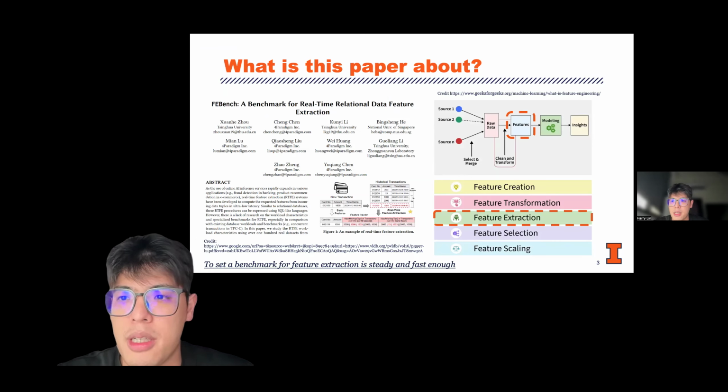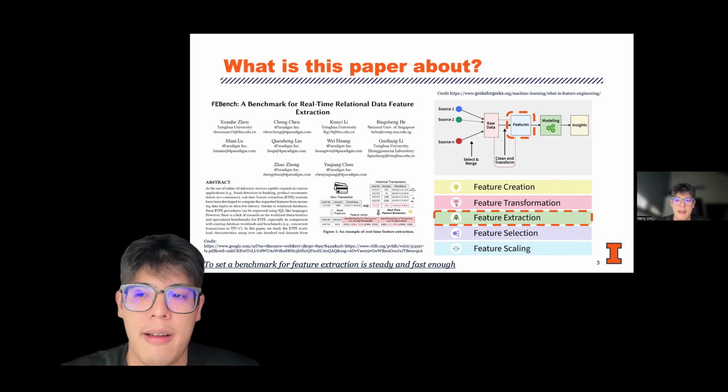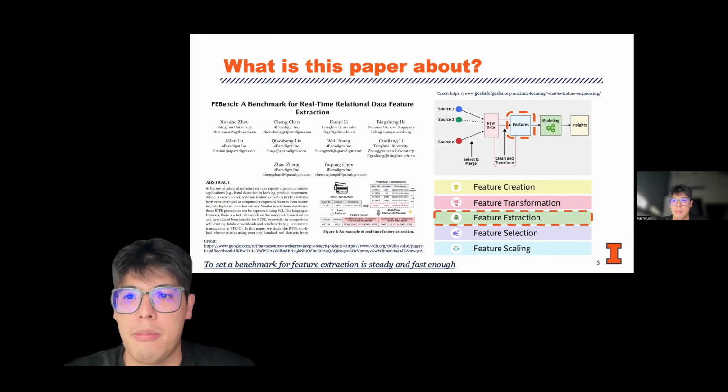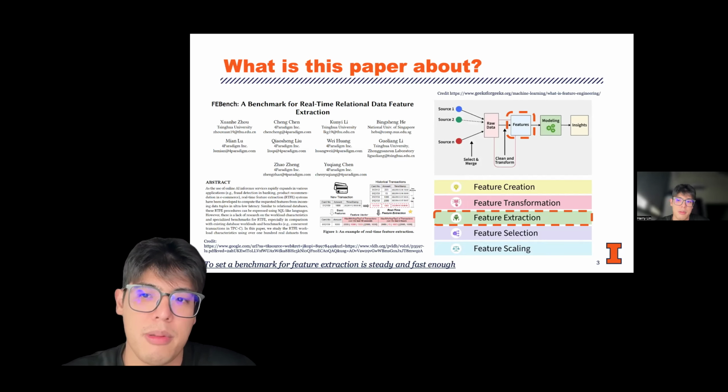We all know that machine learning excels at finding patterns from massive amounts of data sets, but the real engineering challenge arises when you try to do this in production in real time. So this is where real-time feature extraction comes into play.